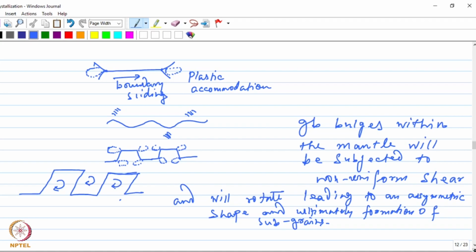All right, so with this rotation, ultimately the subgrains form, and those will act as the nuclei for the strain-free grains.